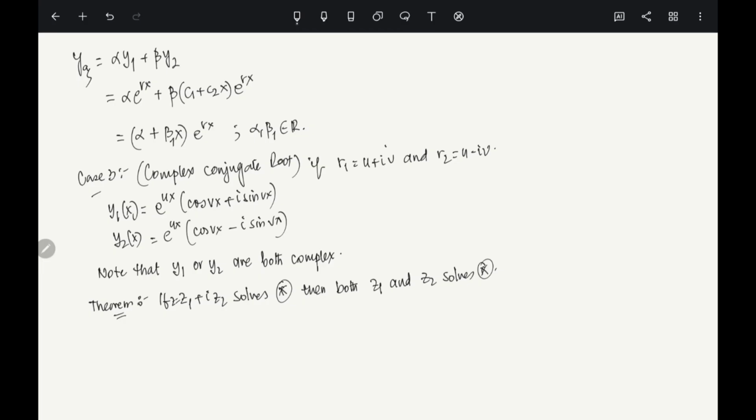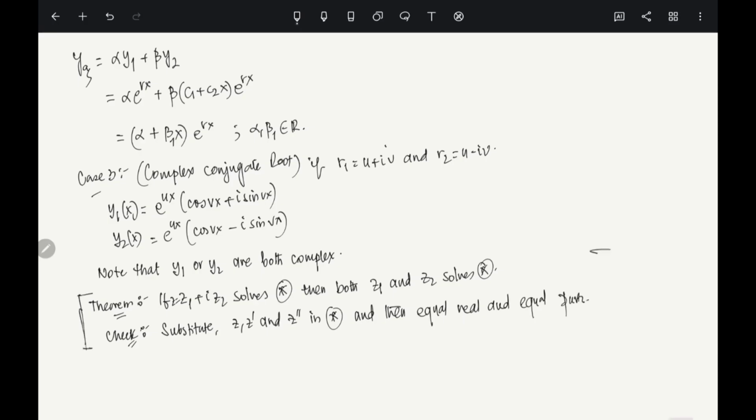How do you prove it? Very easy. Please check this part; I am not going to do the solution. Substitute z prime and z double prime in star, and then equate the real and imaginary parts. So you get the theorem.